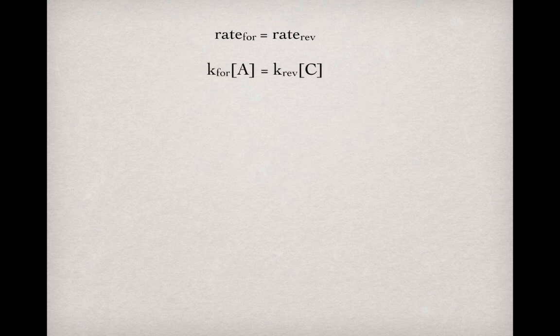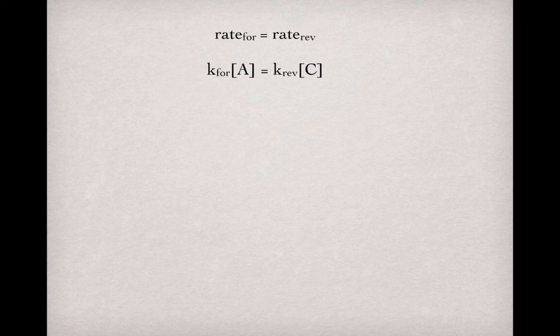We learned how to express the rate in terms of the rate constant and concentration, and here we're going to use an example reaction of A turning into C in equilibrium. The forward rate can be expressed as the forward rate constant, k forward, times the concentration of A, and it is equal to the reverse rate, which is the reverse rate constant, k reverse, times the concentration of C.